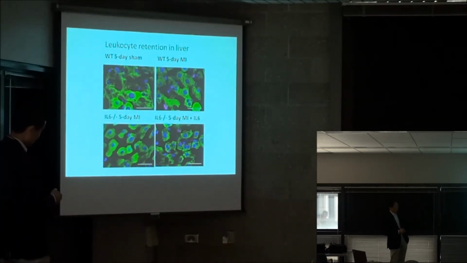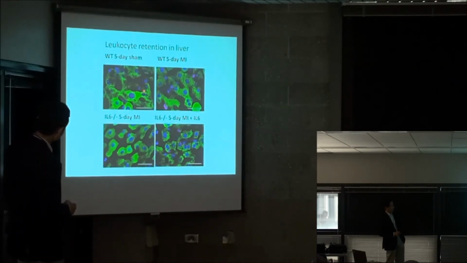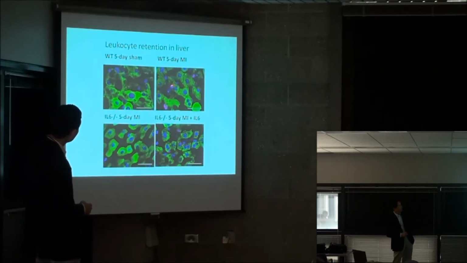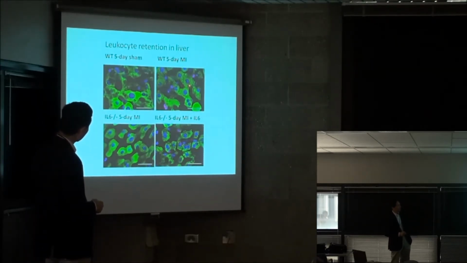In this case, you only see liver cells, and somewhere you will see blood vessels and bile ducts.